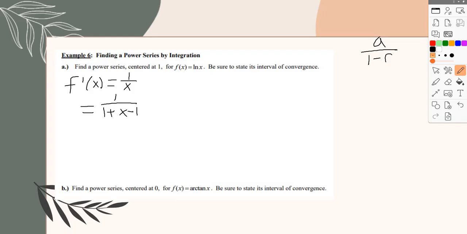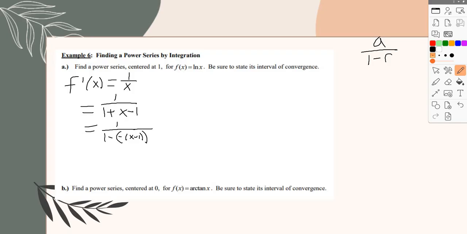My geometric series. The only thing is, what's wrong with the bottom right now? It's addition, but that's pretty easy to take care of because addition is the same thing as subtracting a negative. So I can change it to that instead. Are we all okay with that?